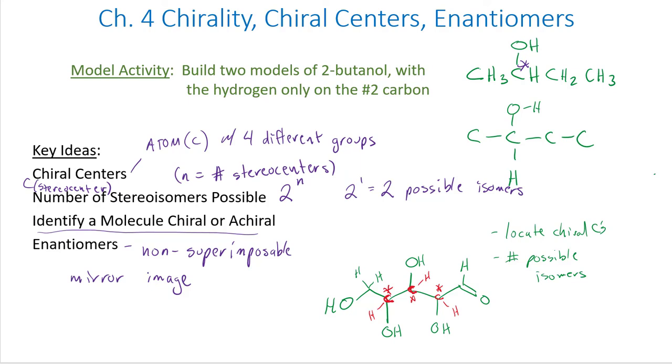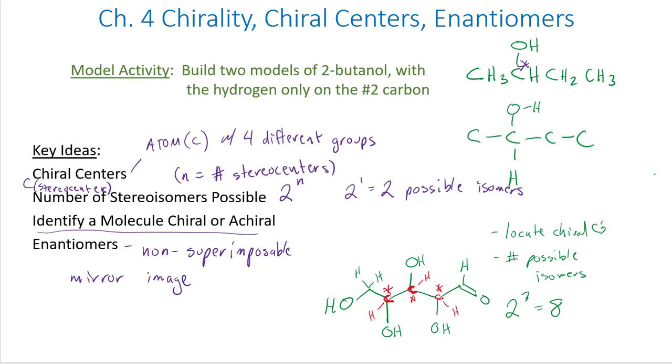And now with 3 chiral centers, we'd have 2 to the 3rd possible stereoisomers, and that would be 8 possible stereoisomers.